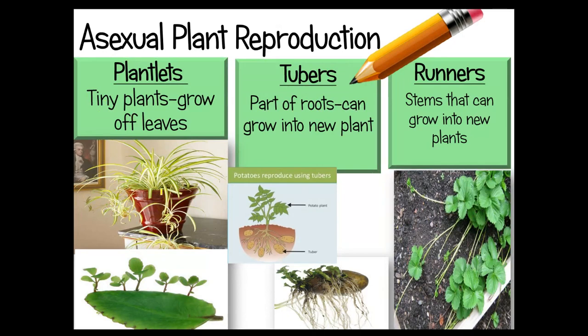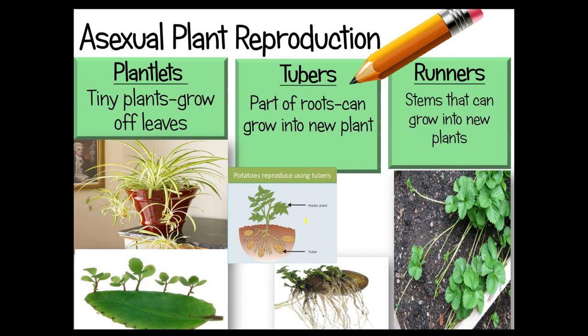So plantlets is when you're going to have little baby plants that grow off the parent plant. So spider plants are a perfect example. I have some succulents that have little plantlets, and I might turn that into a video for you guys, either this week or next week. And basically that baby plant can break off and it can survive fine on its own.